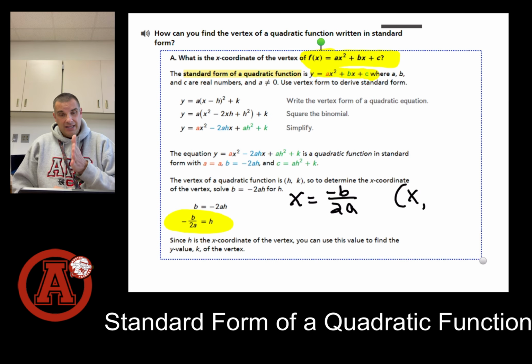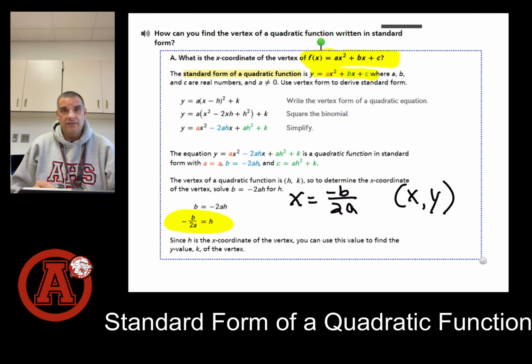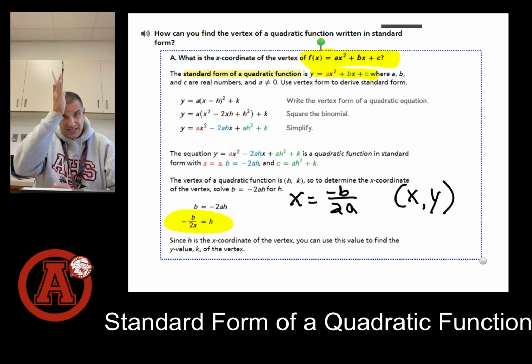And if we can find that x value at the vertex, we can use that value to find the y value by plugging that x value in. And that's going to give us the y value at that vertex. Now remember also, that x value is the axis of symmetry.